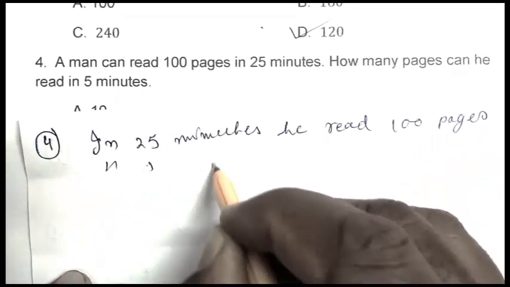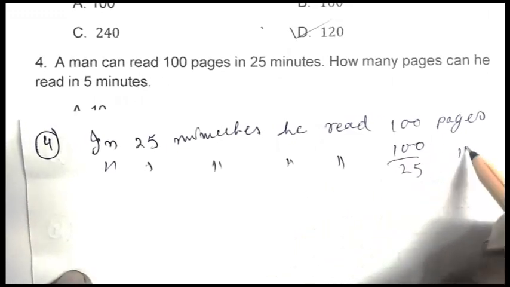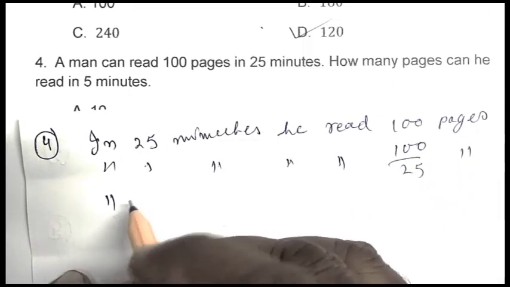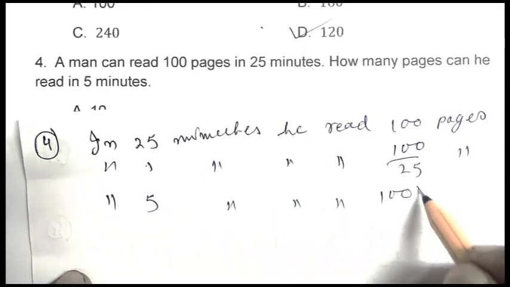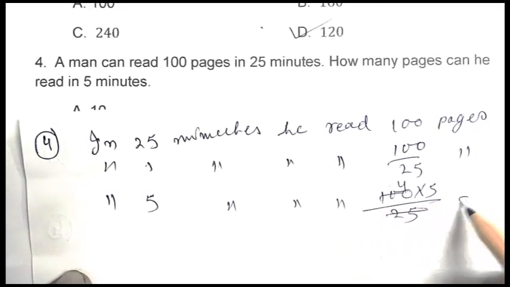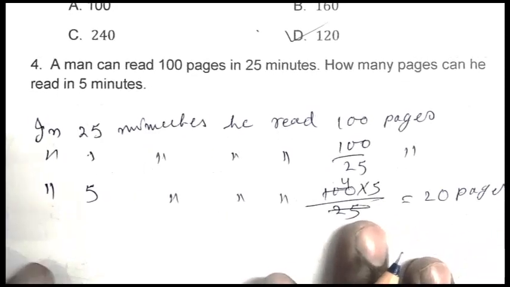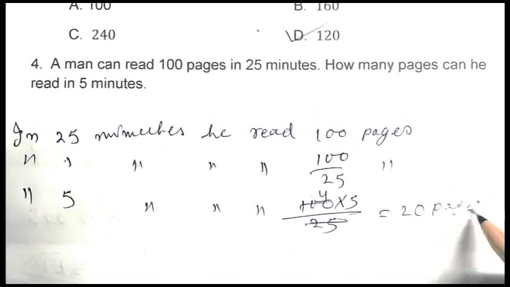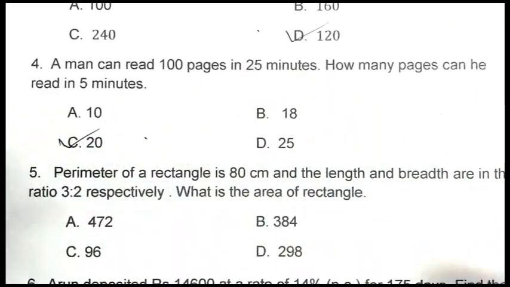In 1 minute he reads 100 by 25 pages. In 5 minutes he reads 100 into 5 by 25, that is 20 pages. So C is the right answer.